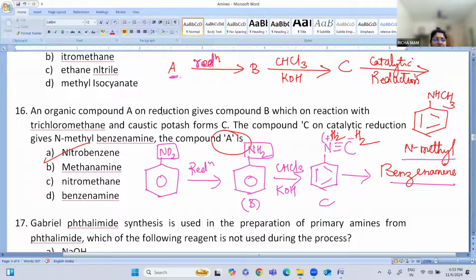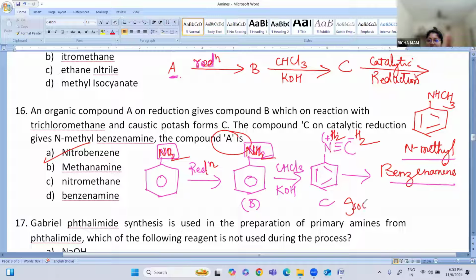So if I take the starting compound as nitrobenzene, on reduction we know that the nitro group is reduced to aniline, that is the NH2 group. When you treat it with chloroform in the presence of caustic potash, it will give you C, that is your isocyanide.